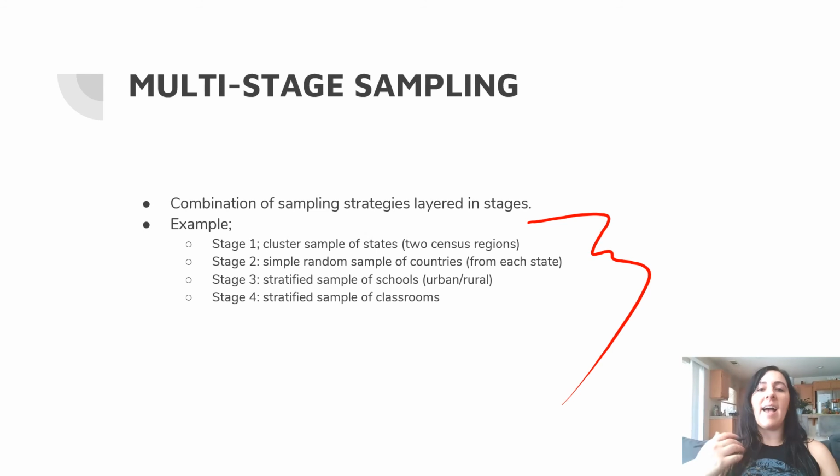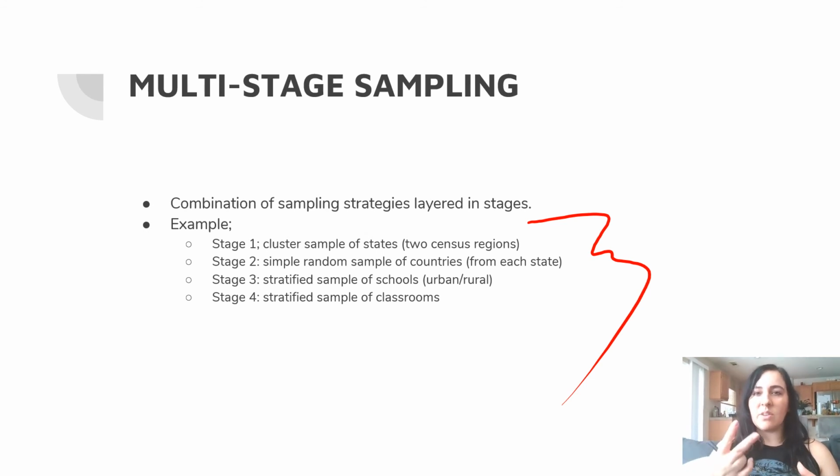So let's say you have just a huge sample, or a list, and it spans over a couple states. So you really want to narrow this down so you can get a really good collection of data. Okay, so maybe the first stage of your data collection will be getting a cluster sample of states.